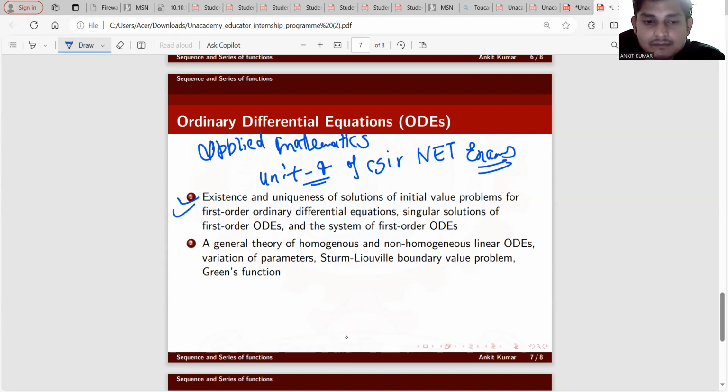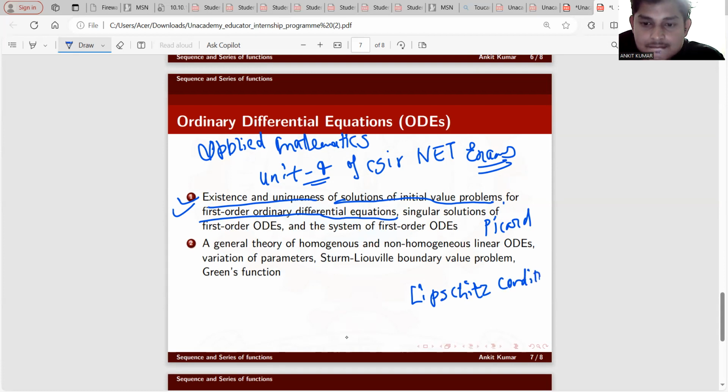In this unit, I will cover existence and uniqueness of solutions of initial value problems of first order for differential equations, in which I will cover Picard's theorem and Lipschitz conditions. And in the second part, I will cover the general theory of homogeneous and non-homogeneous linear ODEs, variation of parameters, Sturm-Liouville boundary value problem, and Green's function.